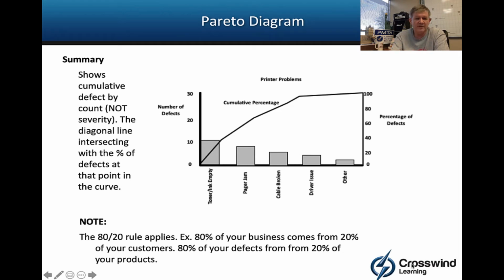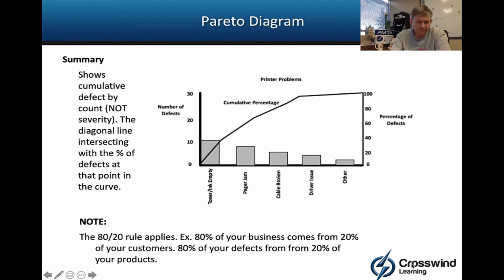So if you said, I've got to get rid of 60% of my defects, you could take 60% on the vertical axis, draw a line over, and then figure out how much can I do to get rid of those first two big bars, as an example.